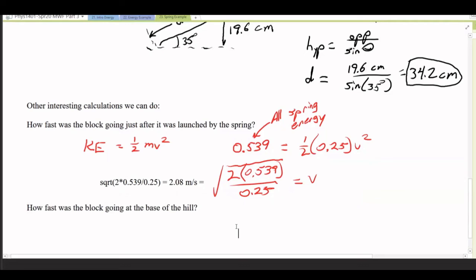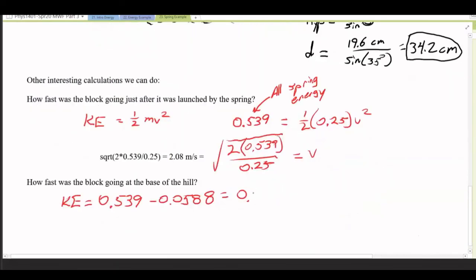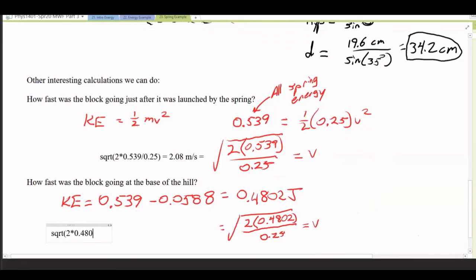So for this, we're going to do the same kind of calculation, but now our KE is equal to 0.539 minus 0.0588 equals 0.4802. So v would be the square root of 2 times 0.4802 over 0.25. That is only 1.96 meters per second.